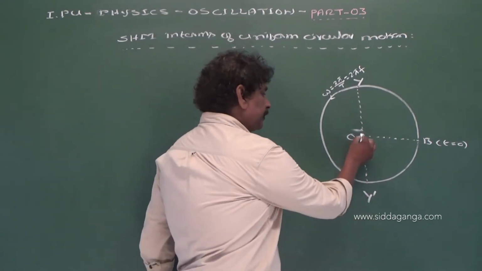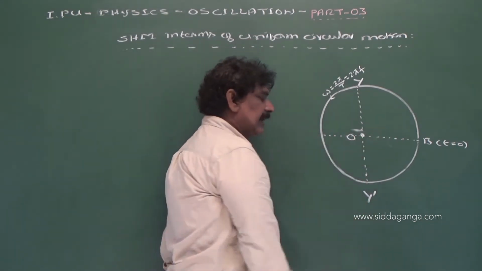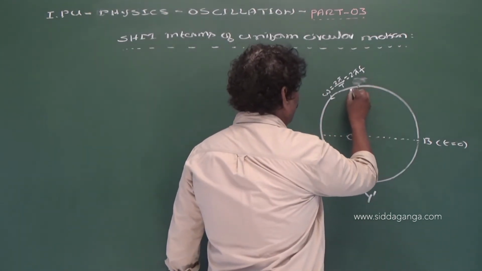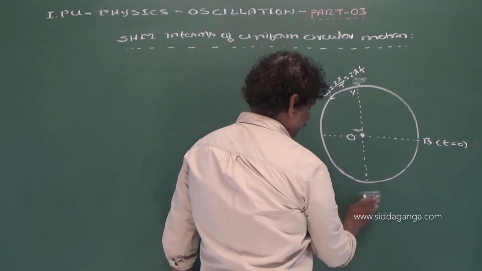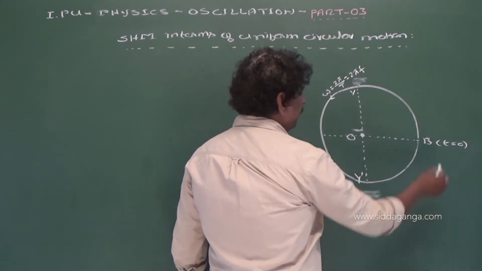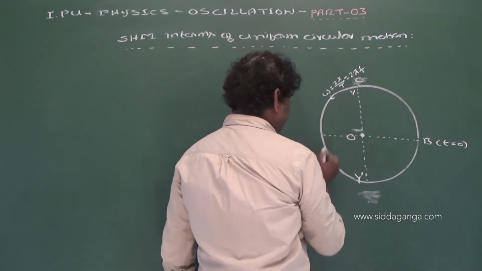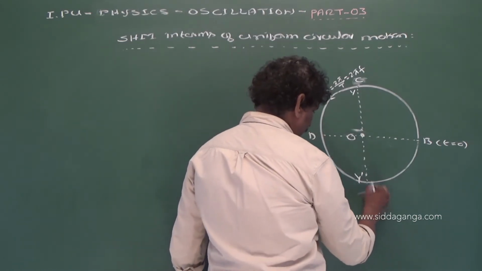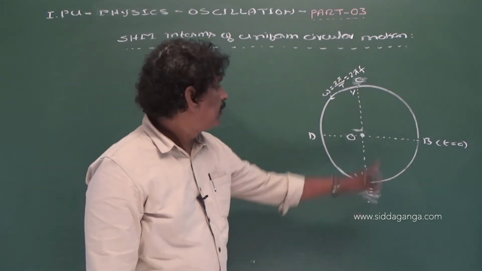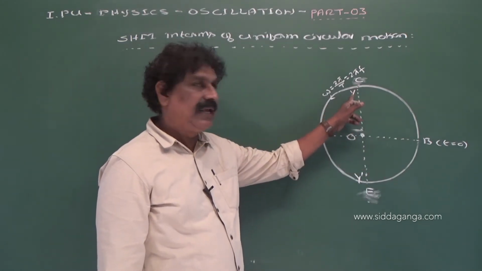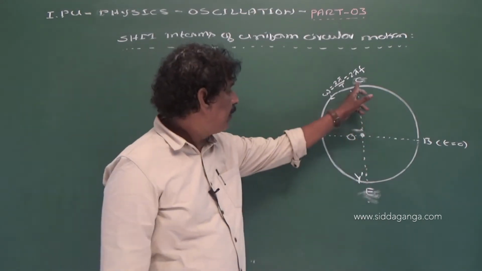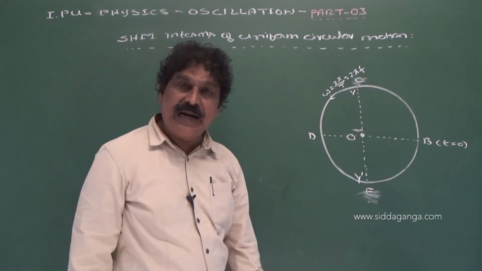Even I can also take this position as C, this is Y, this is Y dash. I will take this position C, position D, position E. So C is representing Y, E is representing Y dash, YOY dash is one diameter.